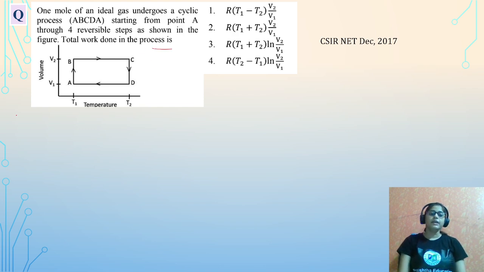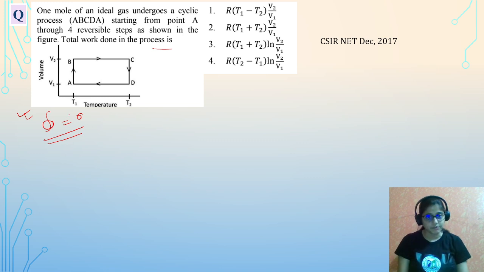So for a state function, if we start from A and come back to A, for the whole cyclic process the change should be 0. But here we want to calculate work. Work is a path function, so it will depend on the path of how the change is actually happening.